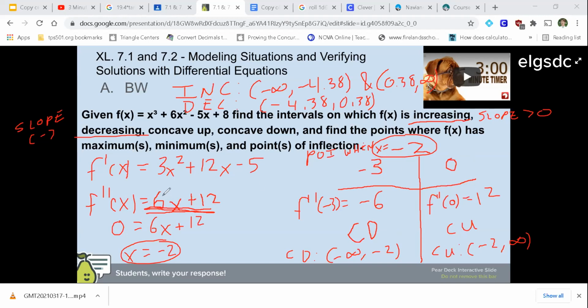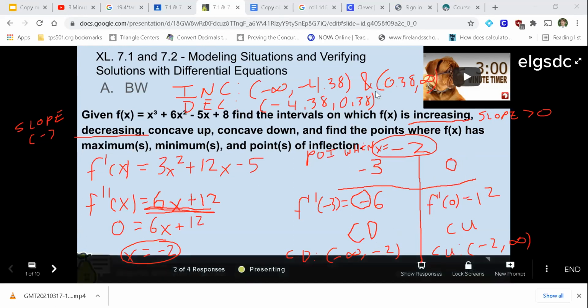So -3 times 6, -18 plus 12, -6. 0 plugged into our second derivative, 12. And we know it's concave down because it's negative. And we know it's concave up because it's positive. No, these are really good questions. It's a lot of information.